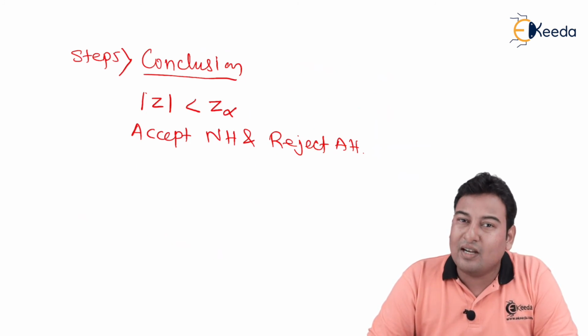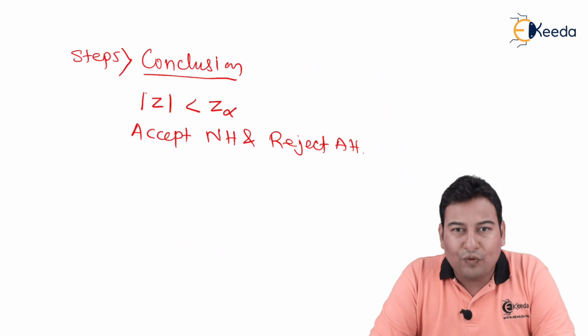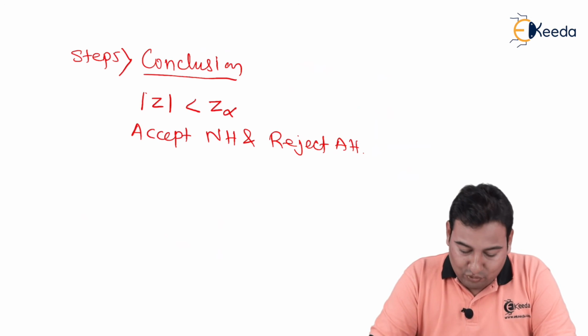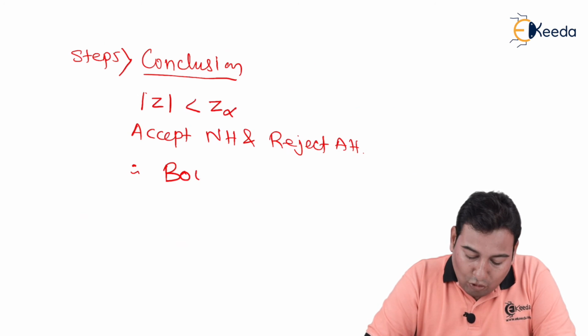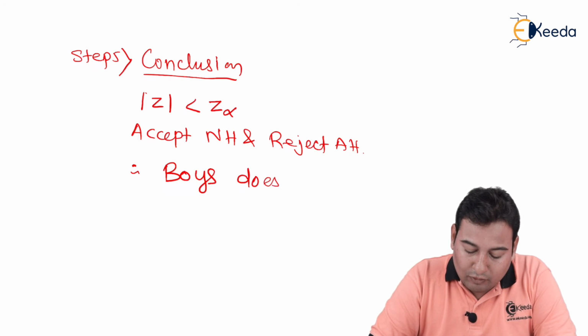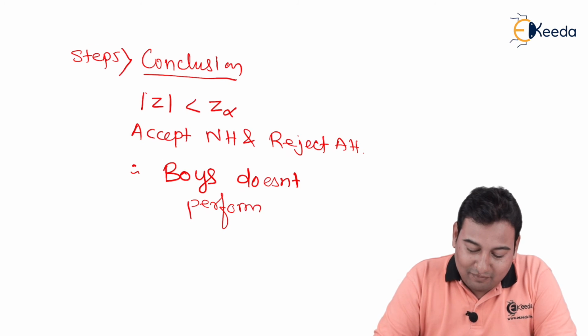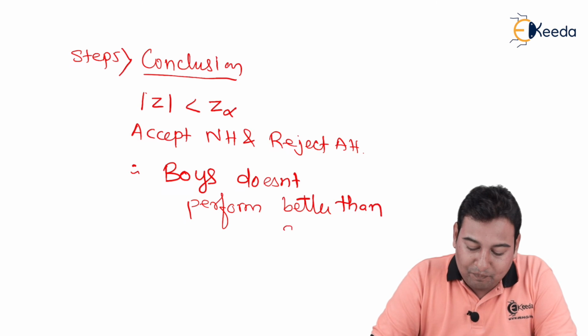So the question is, do boys perform better than the girls? We accepted both the performances are the same, so therefore boys do not perform better than girls. That's it.